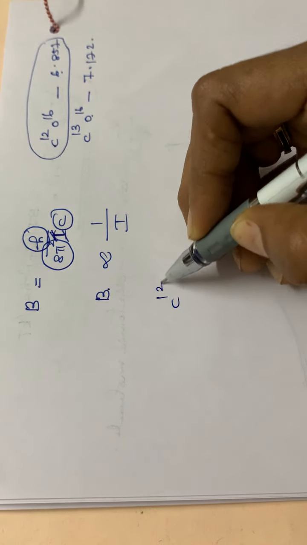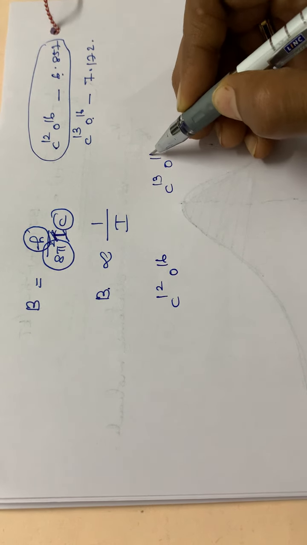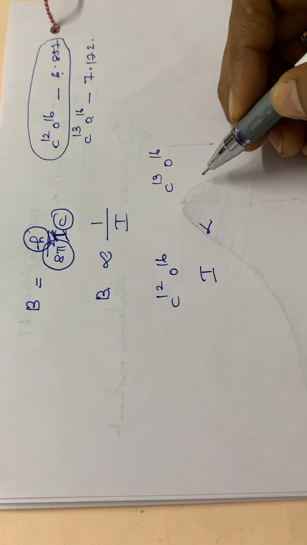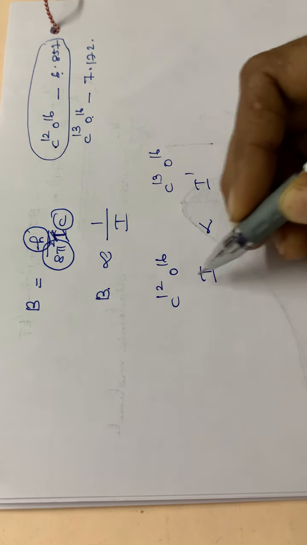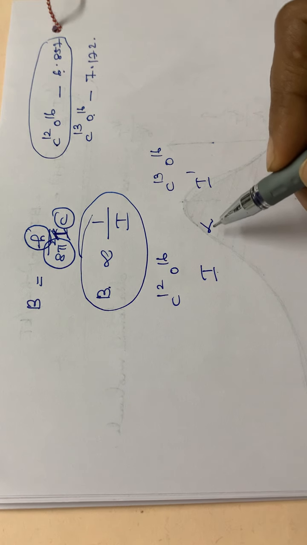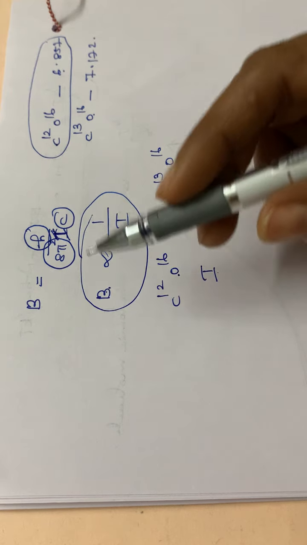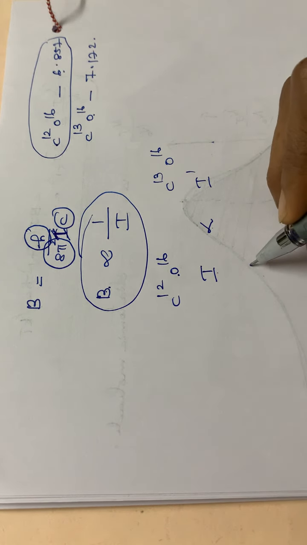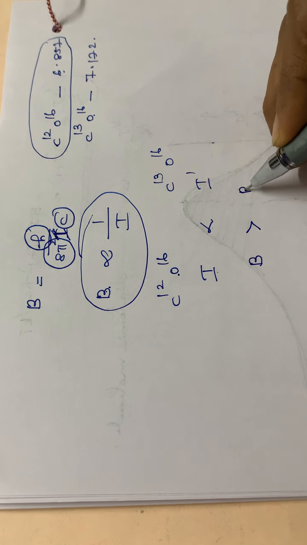For C12 O16 and C13 O16, the I value of C12 is less than C13, that is, I is less than I dash, and B is inversely proportional to I. Therefore, since I is less than I dash, for carbon 12 the rotational constant will be greater, since it is inversely related. So for C12 the rotational constant B is greater than B dash.